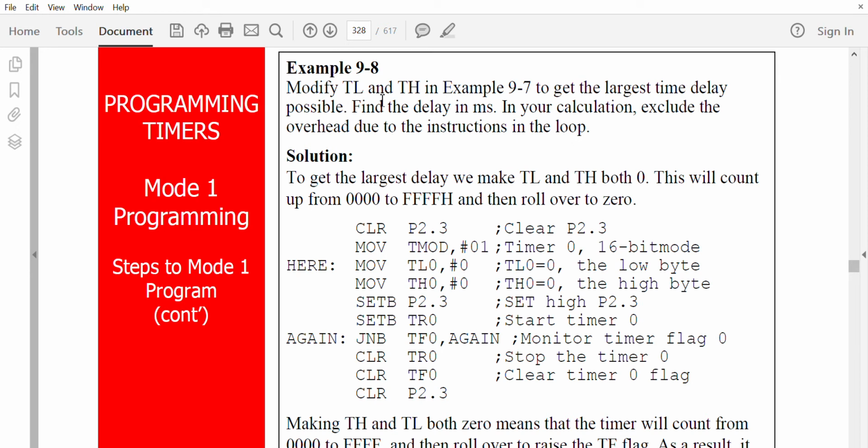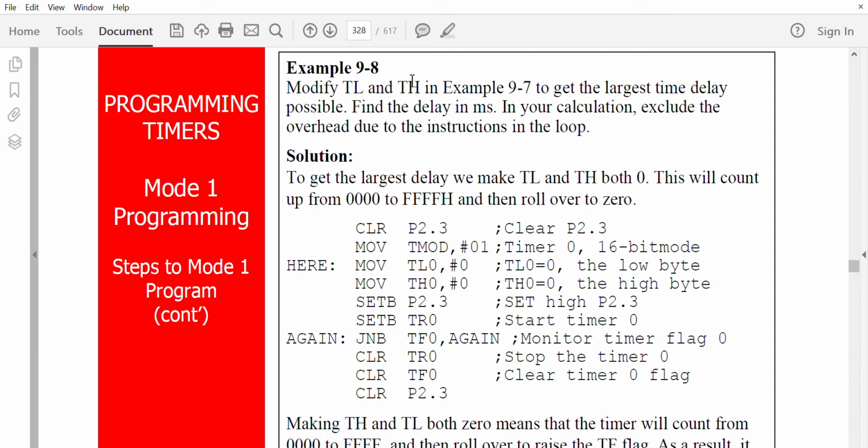What is the initial value that is loaded into TH TL? No such value is given here. You have to find the largest time delay possible. For that, modify TL and TH. The time delay will increase when the count is increased.